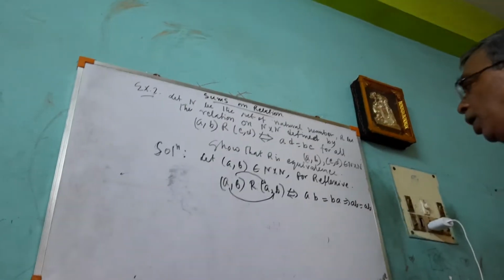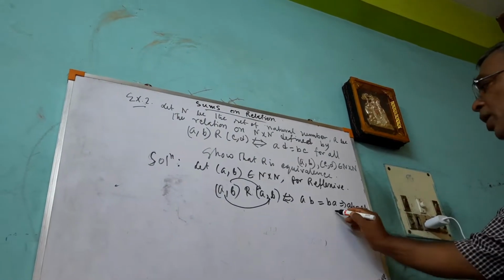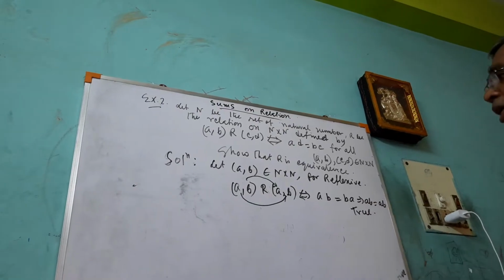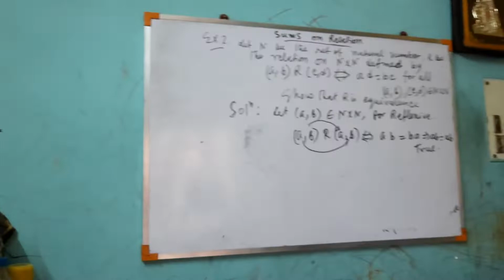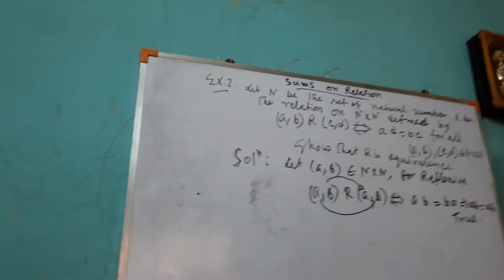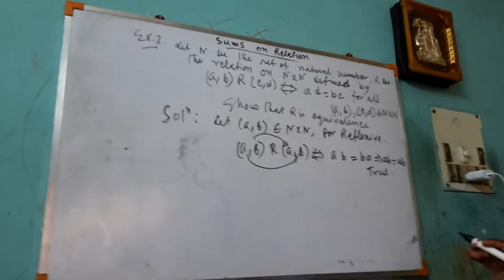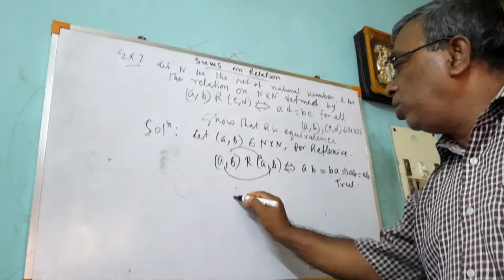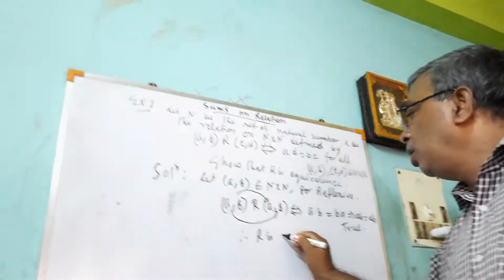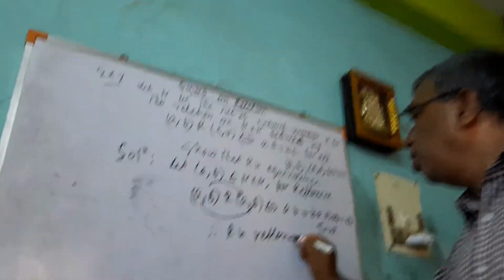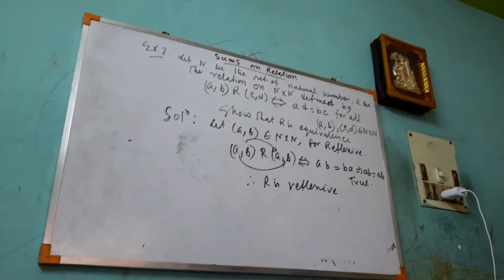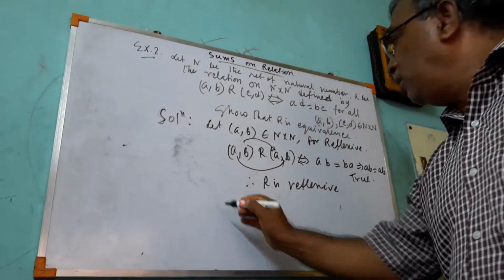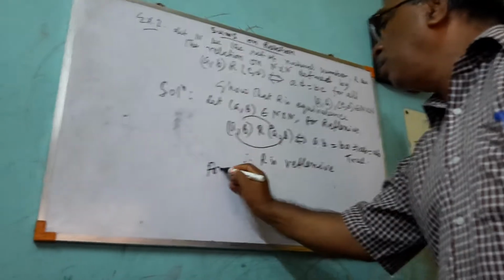BA means AB, so AB equal to AB is true. So we can say (a,b) is related to itself. So that means we can say R is reflexive.